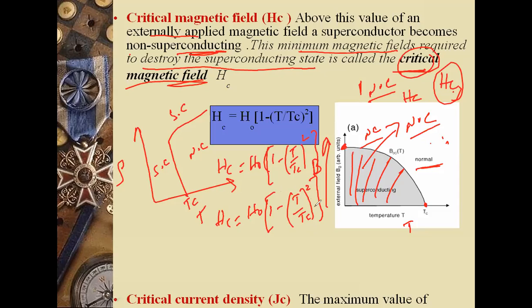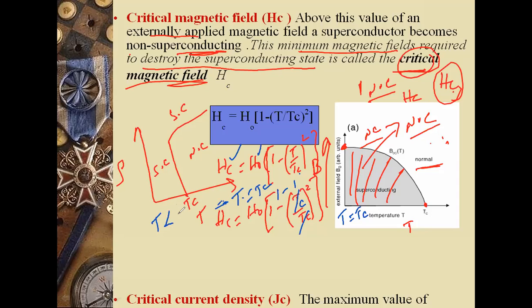So here you can see what is going on. If I keep T equal to TC, what happened, tell me? The TC cancels, 1 minus 1 is 0, right? 1 minus 1 is 0. So HC becomes 0. So T should not always equal TC.